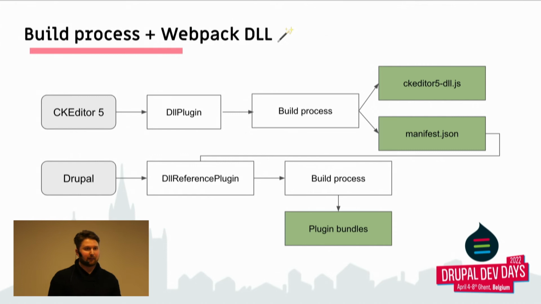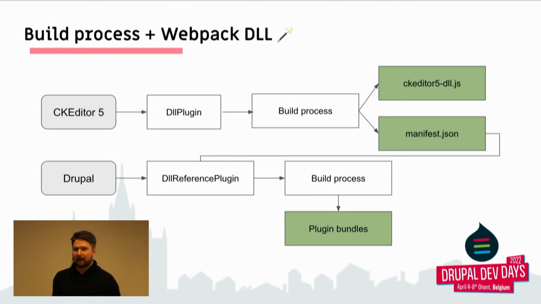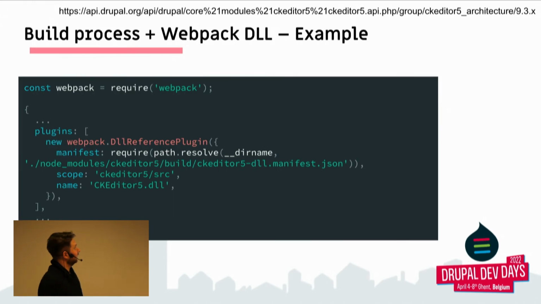And the reason why I'm explaining it is because that's probably the number one asked question that we have. Because people try to load a non-Webpack DLL built plugin in CKEditor 5, and it's not working because it needs to be built with Webpack DLL. And how you would do that is you basically need these few lines in your Webpack configuration.